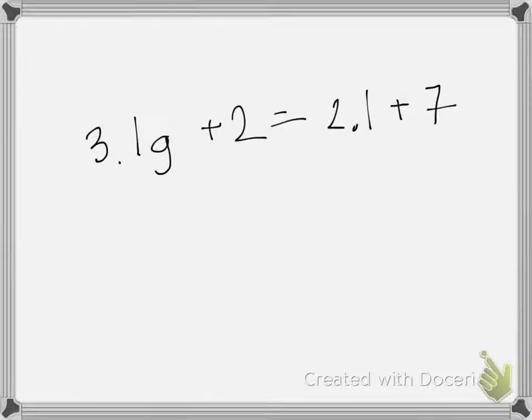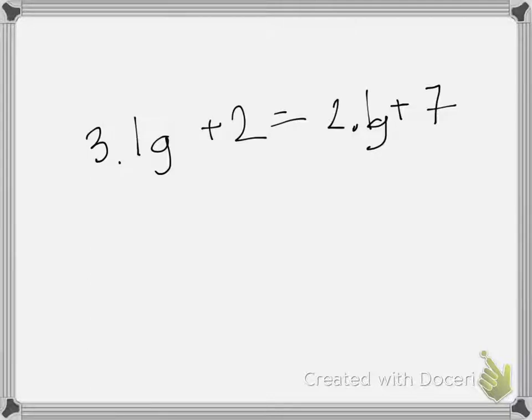Right. So I want you to pause the video and then work this out. And then I'll give you the answer. So go ahead and pause it right now, and then solve this problem exactly the way I showed you. Sorry, this is supposed to be a g. So go ahead and pause the video, and then when you solve it, resume the video.